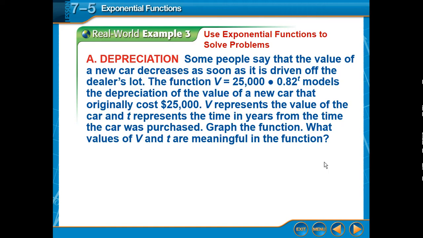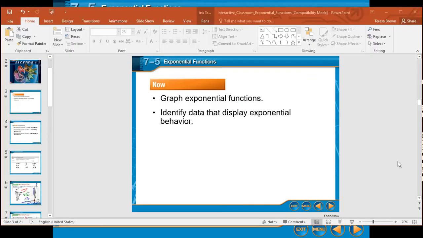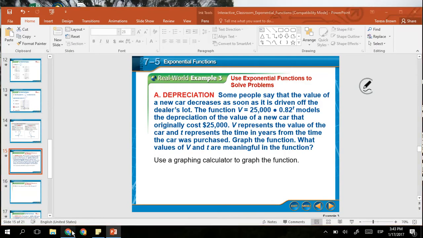Okay, so for this one, we're actually just going to use a graphing calculator to do it. So I'm going to show you on an online one right now, and then in class we will look at the other ones. So my function is 25,000 times 0.82 to the t. So we're just going to take a detour into here.